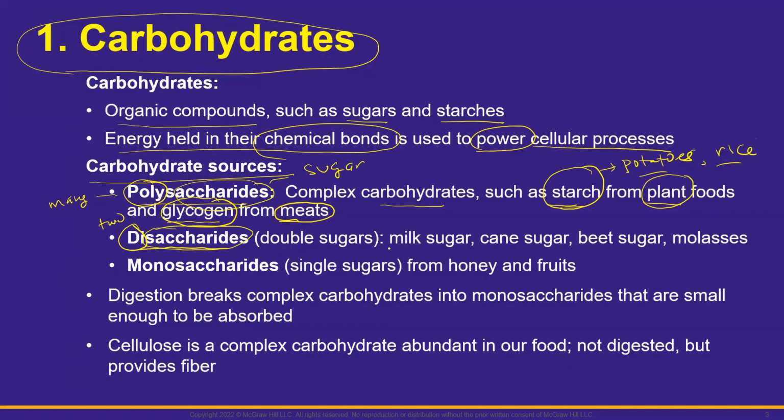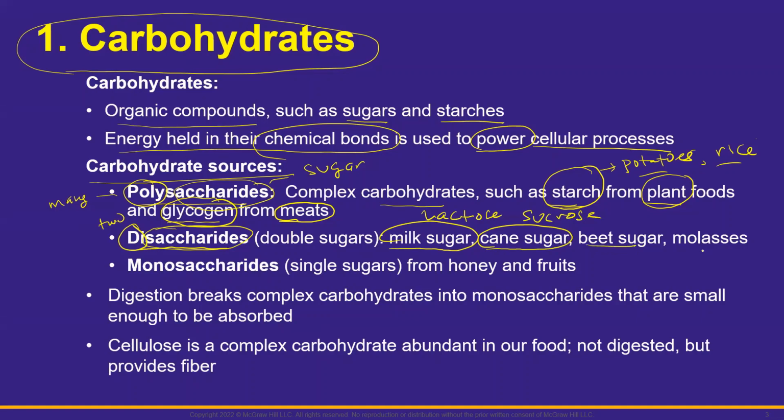For example, milk sugar is called lactose. It consists of one glucose and one galactose. Cane sugar is called sucrose. This consists of glucose and fructose.